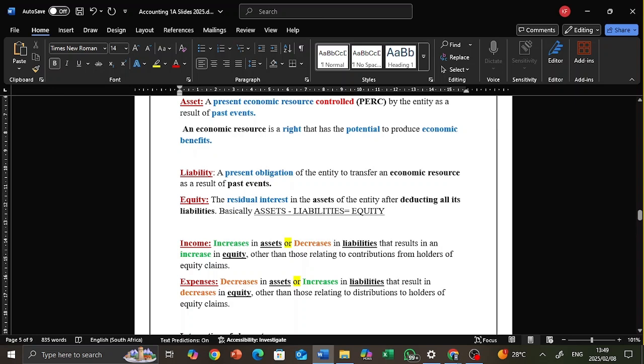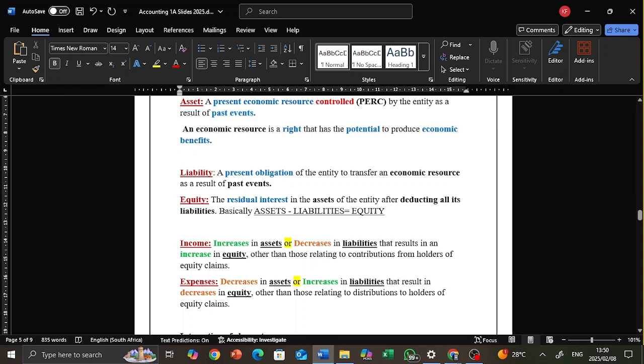But this second part that says, other than those relating to contributions from holders of equity claims, all right? There is never a time when you're getting assessed where it's going to be a key point that is going to be worth marks. You just need to ensure that when you write your definition, you include it in your definition.